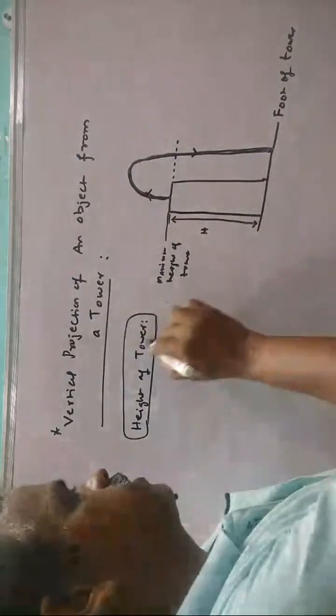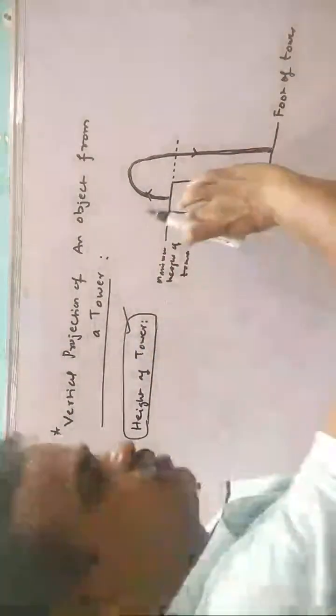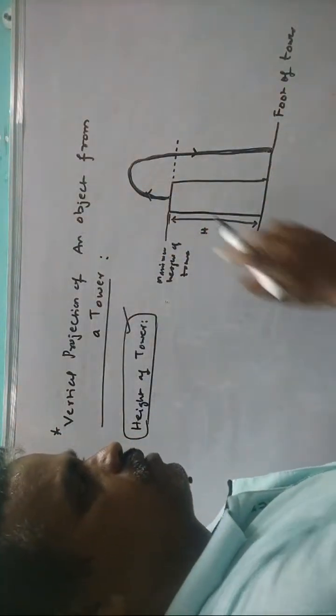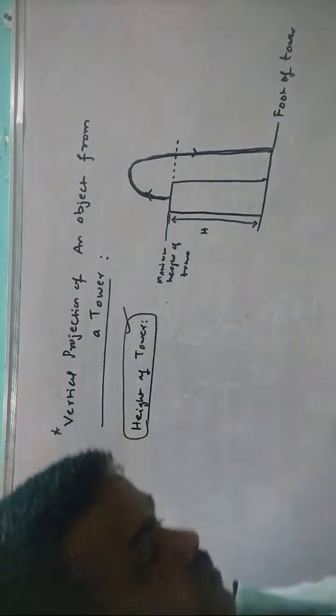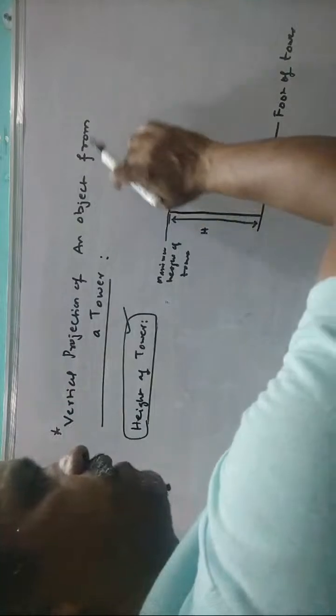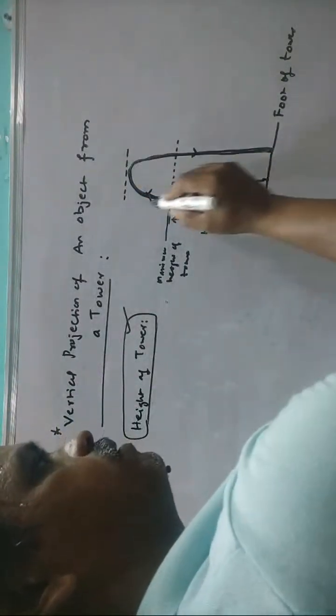Regarding this topic, vertical projection of an object from a tower, we have to calculate the formula for the height of the tower. Height of the tower is equal to h. Here, the displacement of the body when we projected vertically up from a tower: up to this is the maximum point.